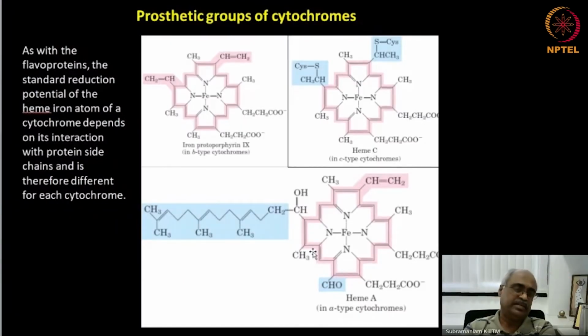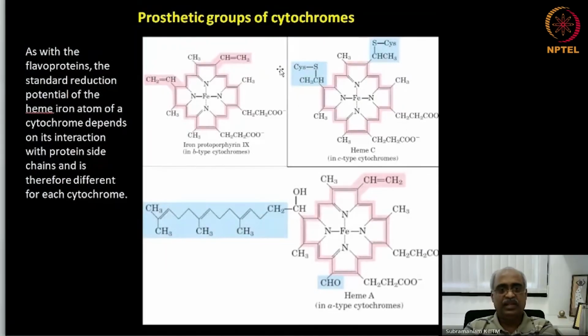They are usually tightly bound. For example, in cytochrome c, this version of the porphyrin ring is covalently attached to the sulfhydryl group of cysteine of the cytochrome protein. You can see two such attachments, so it is really tightly bound.